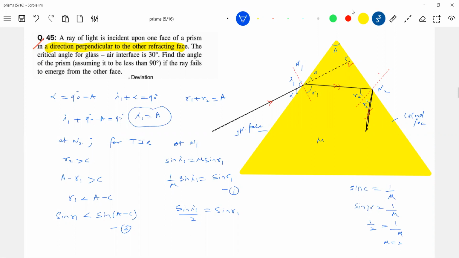Okay, I think I'll give numbers like this: 1, 2, 3. So I1, I can write as A. R1, R1.